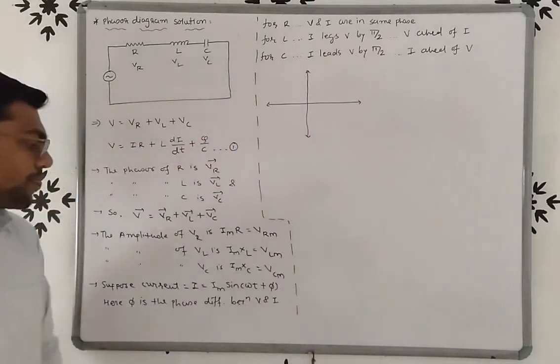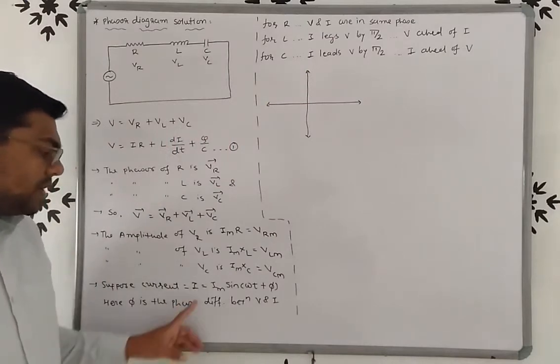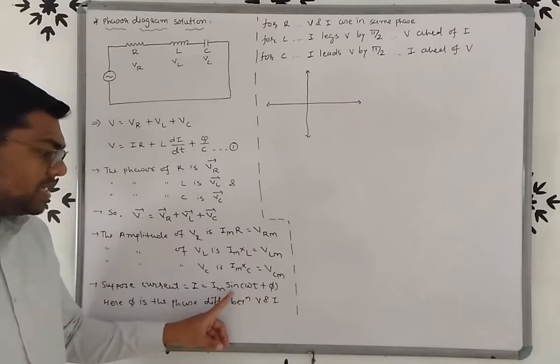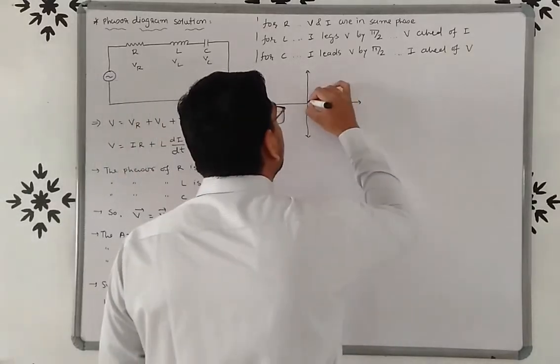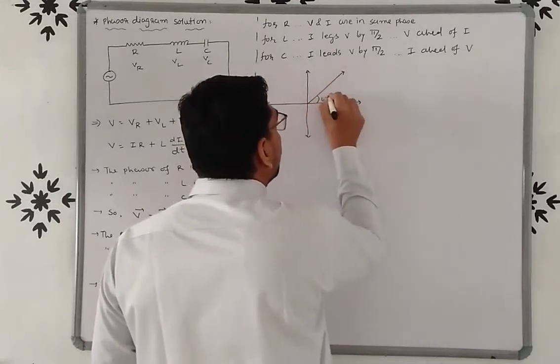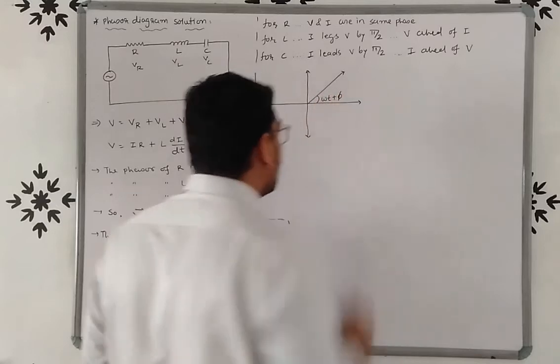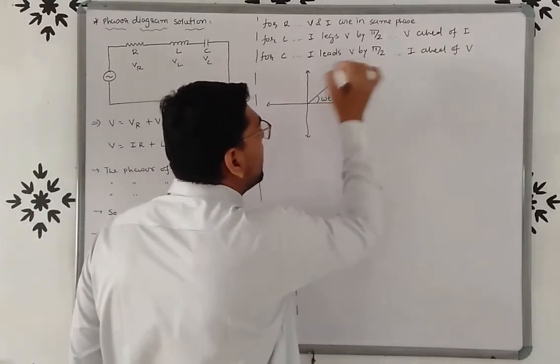Now here, see, the equation of current I is equals to Im sin(omega t plus phi), right? So here, this is angle omega t plus phi, right? So this is the phasor of current.